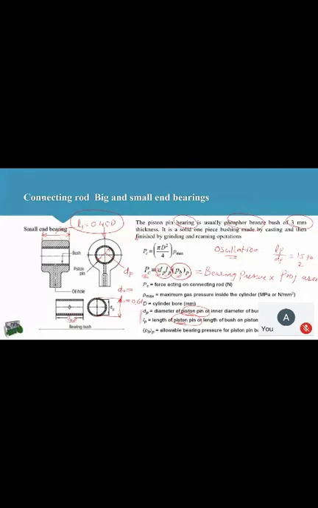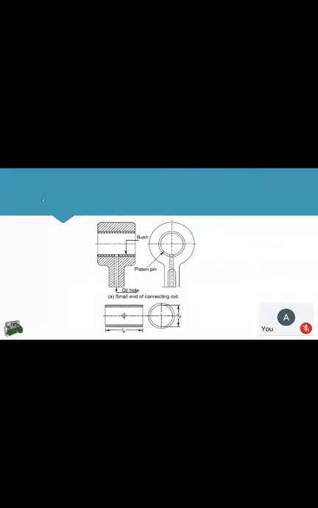After that, see, this is the bearing bush. So we just saw the force acting on the connecting rod is equal to bearing pressure, that is PB, acting on the pin multiplied by diameter times length.